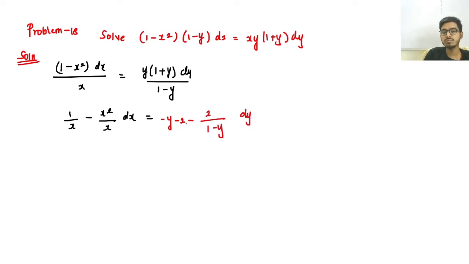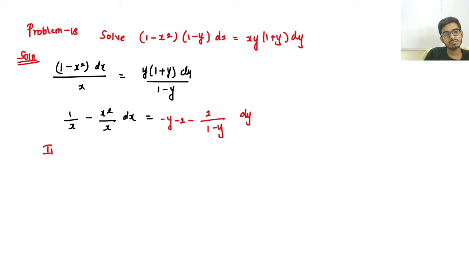Actually these both the terms are same, right? I'm just making an adjustment that I'm writing y into 1 plus y divided by 1 minus y as minus y minus 2 minus 2 divided by 1 minus y. For example, if you just simplify this term, you will get this term, right? If you take LCM 1 minus y and just simplify this, you will have this term, right? Both the terms are same.